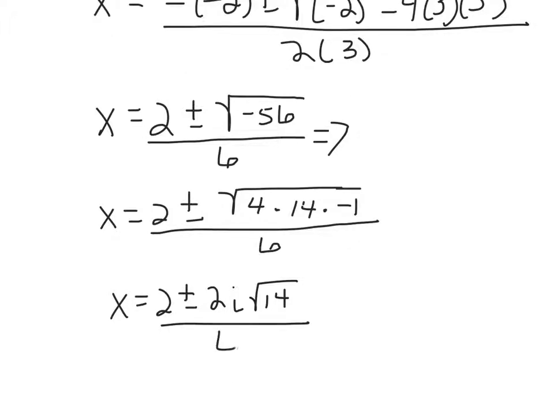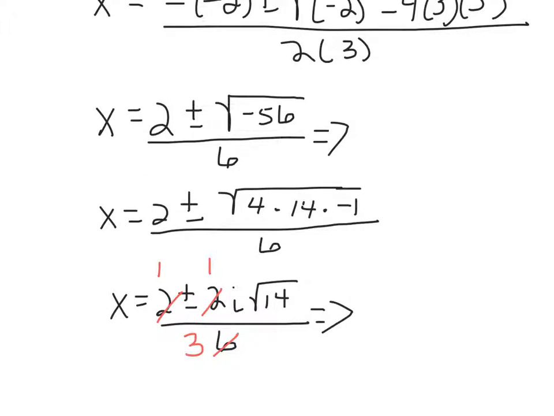All over 6. Okay, so I can reduce this since each one of these numbers is divisible by 2. I can reduce this by 2. So I'm going to reduce this 2 to 1. I'm going to reduce this 2 to 1. And I'm going to reduce this 6 to 3.